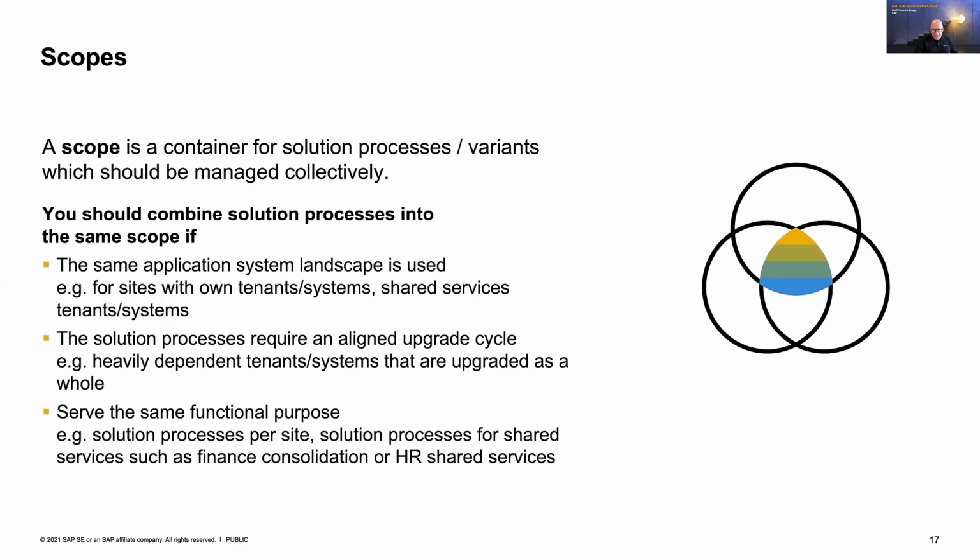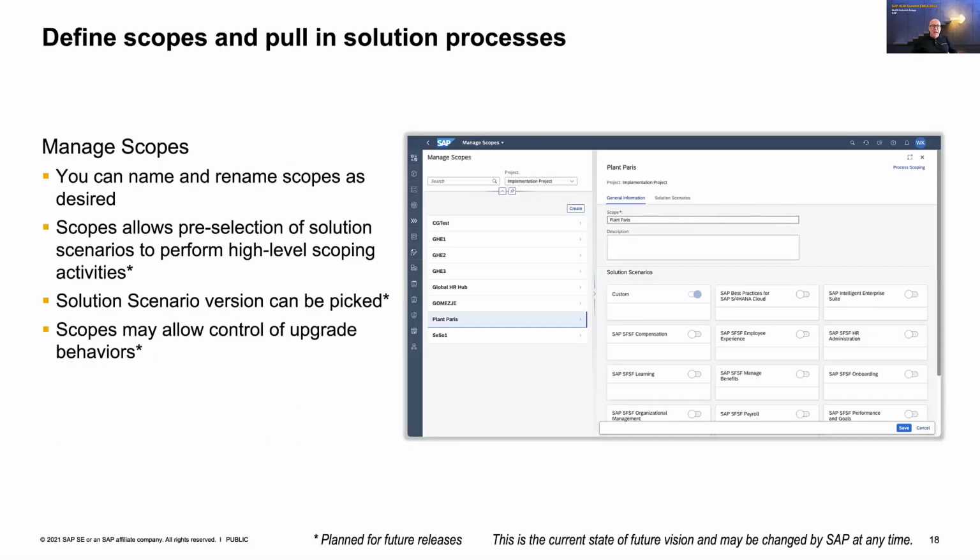So a scope is then an entity you would define, and here you will see that we are changing the scoping experience a little bit. So we will come with a managed scopes app that will look like the screenshot that we have here on the right. And there you see already different solution scenarios that are available.